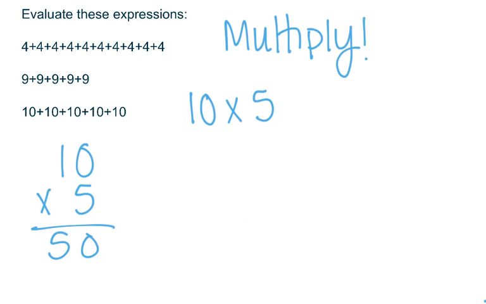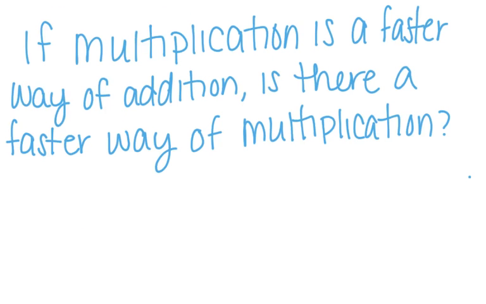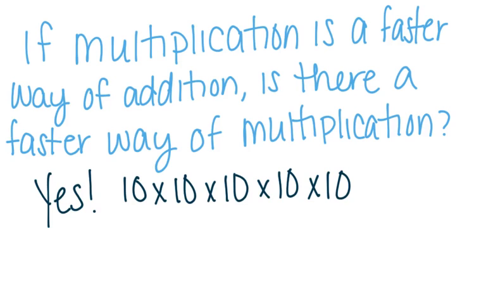So multiplying is a faster way of adding. If multiplication is a faster way of addition, is there a faster way of multiplication? The answer to that question is yes. When we multiply 5 groups of 10, we write this as 10 to the power of 5.